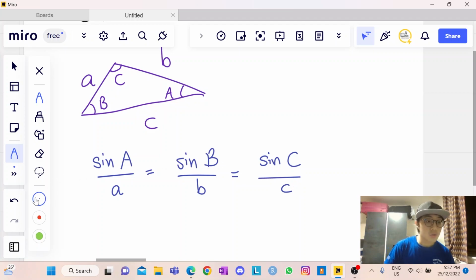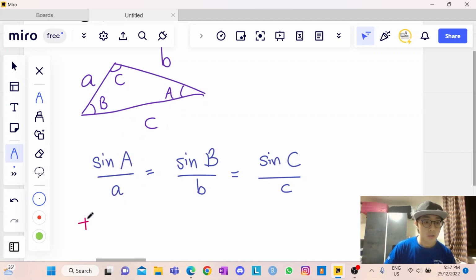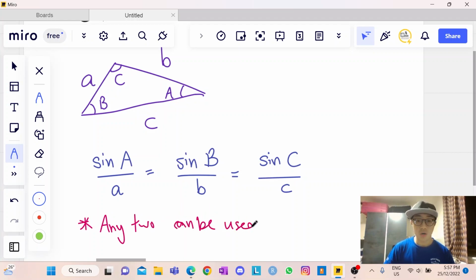You might see there are two equal signs, and that means any two can be used. Let's say you are given big B, small b, and small a, and you're looking for the angle A. Then you can use the formula sin A over a equals sin B over b to look for the angle.